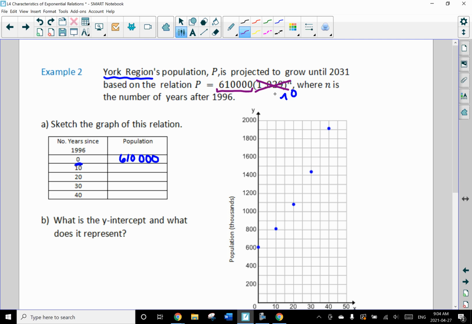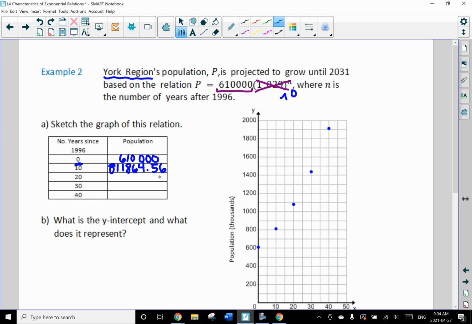Okay, let's calculate it for 10 years. I get, on my trusty dusty calculator, 811,864.56. Now, populations are weird. When you're dealing with a population of something like a species number or a number of things, rounding rules don't apply.